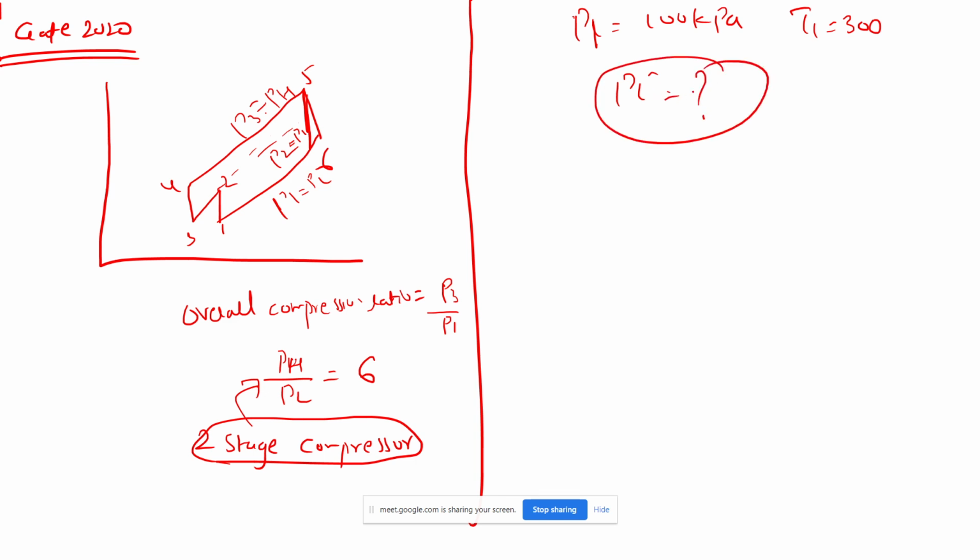Can you calculate what will be the intermediate pressure, P2 or P3, anything? P2 equals P3 equals P intermediate. They have asked to calculate this in the exam. Pressure one you already know, and the overall pressure ratio they have given.